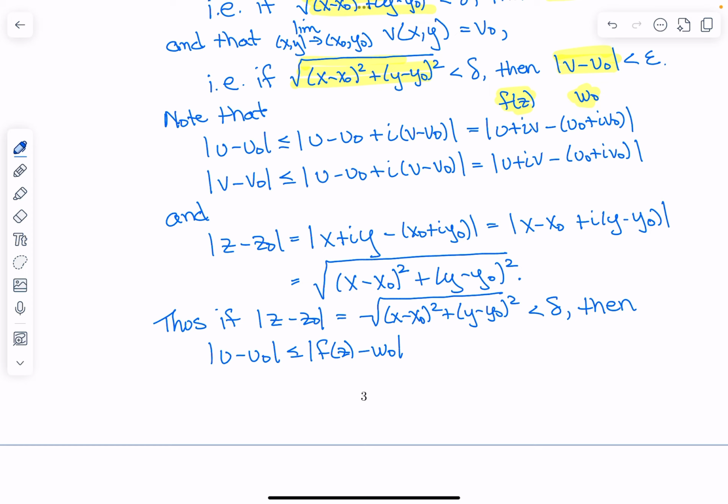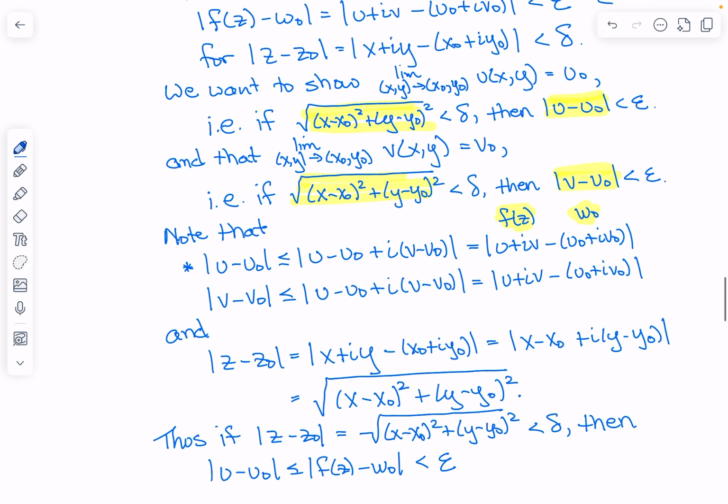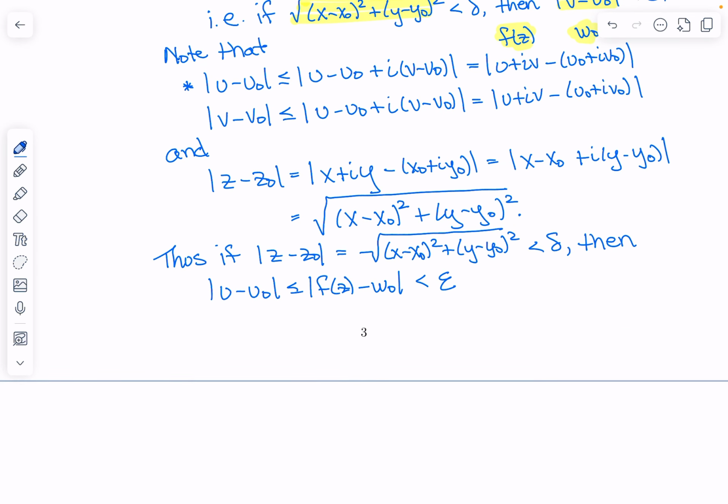Okay, that's this line here, which we know is less than epsilon because that is what we assumed at the very beginning here. And v minus v0 is less than or equal to f of z minus w0, which is again less than epsilon.